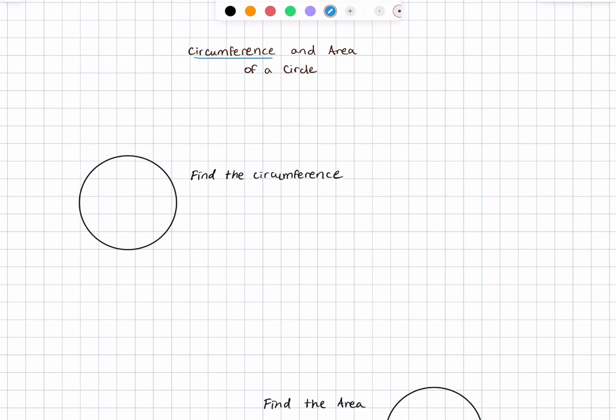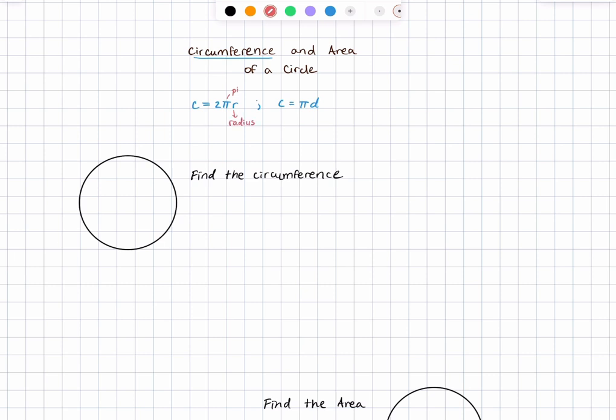So there is a formula for the circumference. C stands for circumference, equals 2 pi r, or you can have circumference equal pi times d. So what are these variables? Well, pi is an irrational number, and r is your radius.